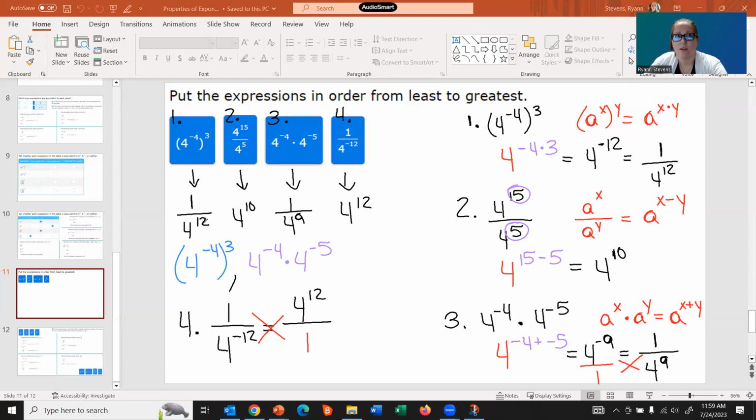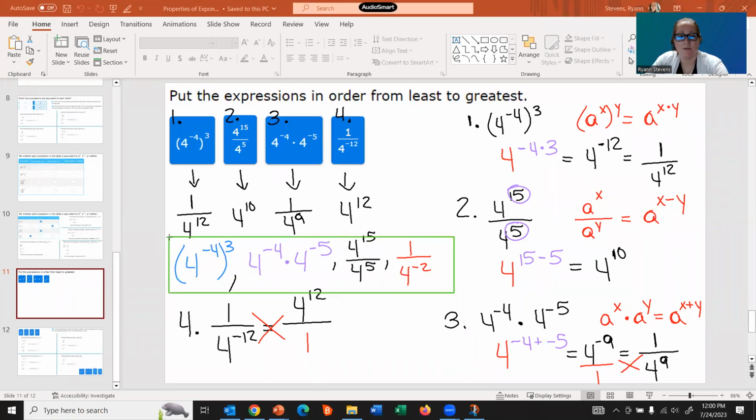Okay, and remember, with those fractions, even though it looks like 12 is greater than 9, it does mean that it's going to be a smaller fraction. And then the next one that we would have is 4 to the 15th power over 4 to the 5th power. And then last we would have 1 over 4 to the negative 12th. And I'm going to put a shape around this so that we can see this clearly. And this would be how we would organize this from least to greatest.